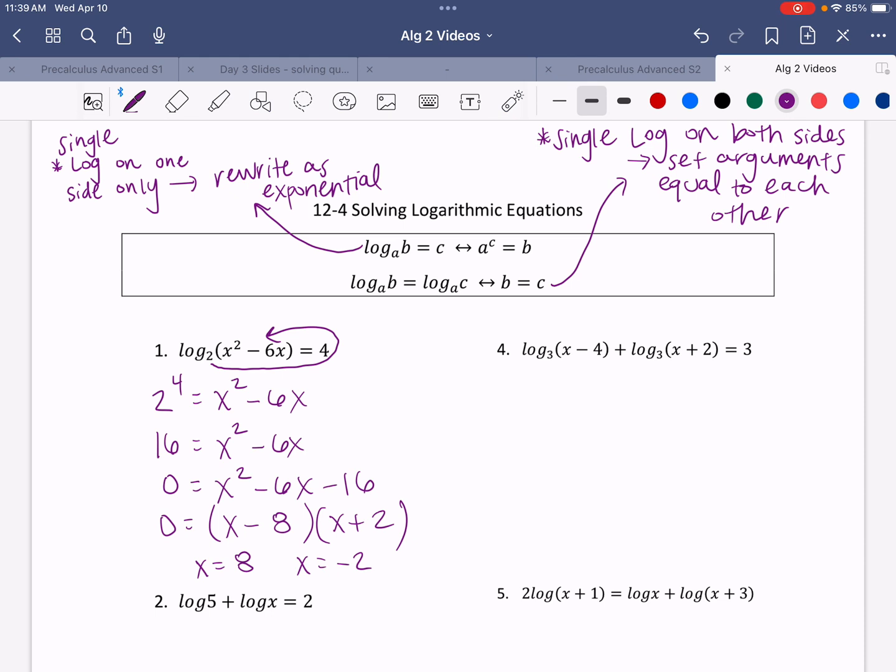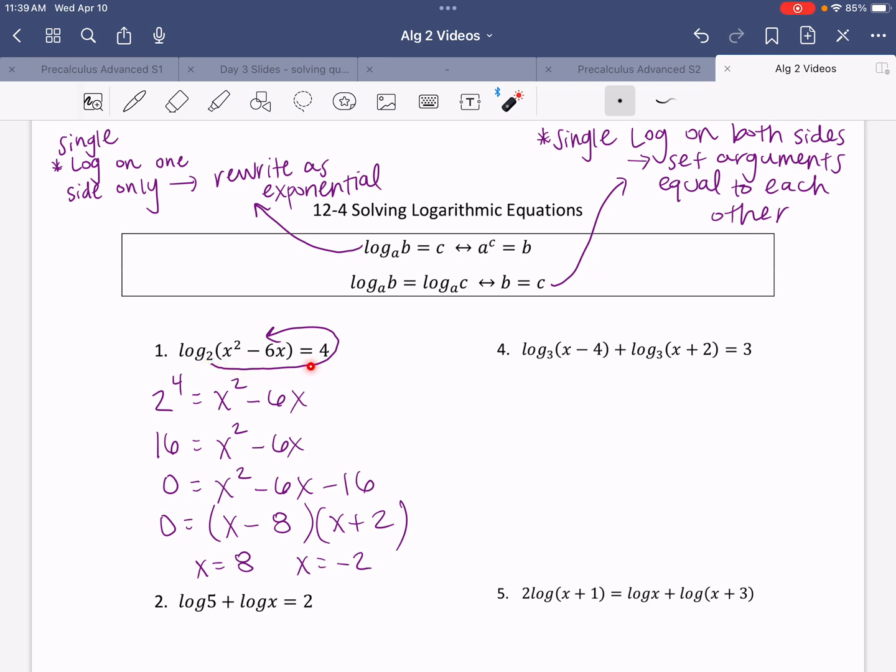Now, before we box them both and get all excited, we should really make sure that they are not extraneous. An extraneous solution here would not make the equation true. If you think about log graphs, remember they only exist when x is positive, but x is the argument. So 2 to some power will only work if the argument is positive.